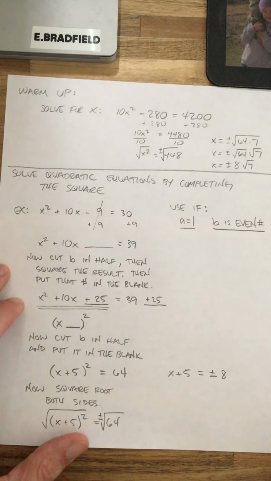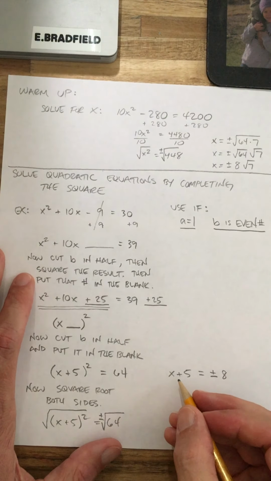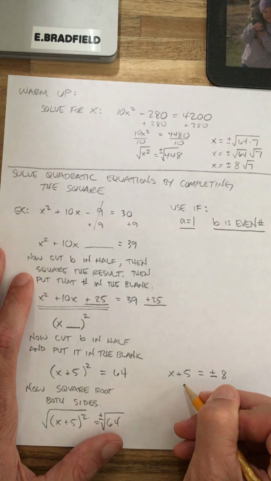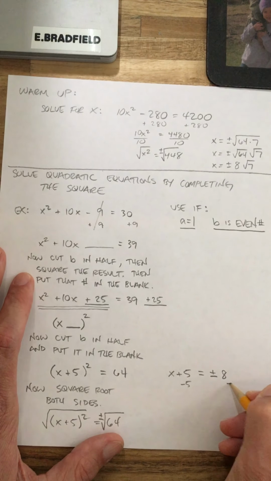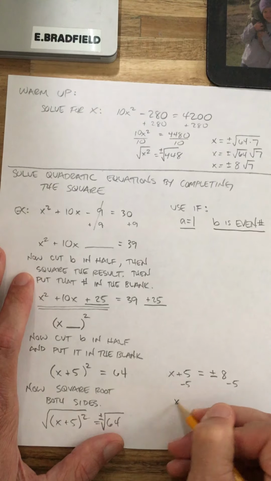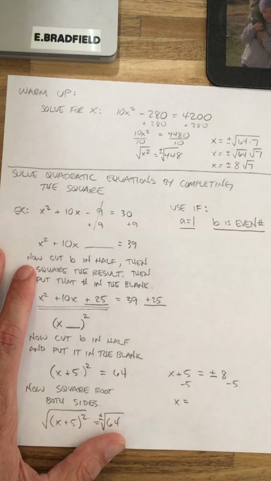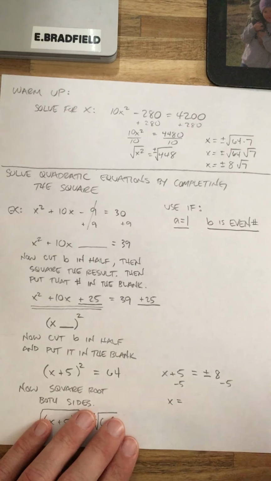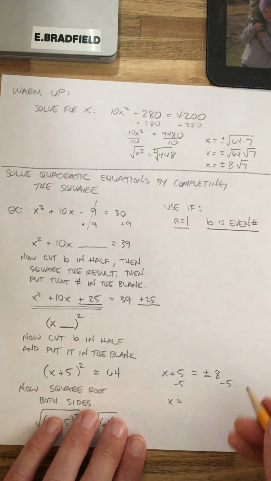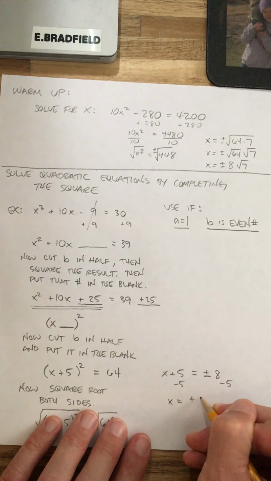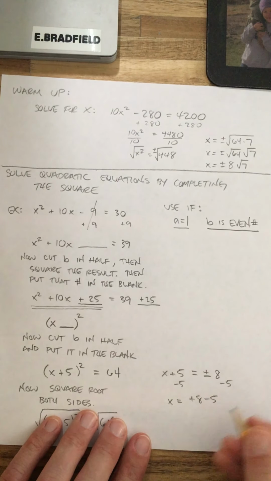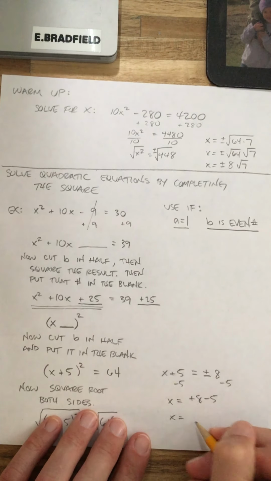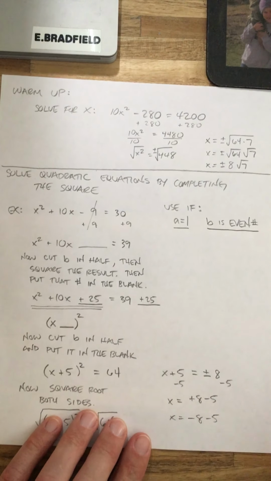Okay? So here's all we have to do now. Solve for x by subtracting 5 from both sides. So minus 5 on both sides, and we get x equals, now remember there are two answers. There's a plus 8 and a minus 8. So we have to do it in two ways. We do the plus 8 minus 5, and x equals minus 8 minus 5.